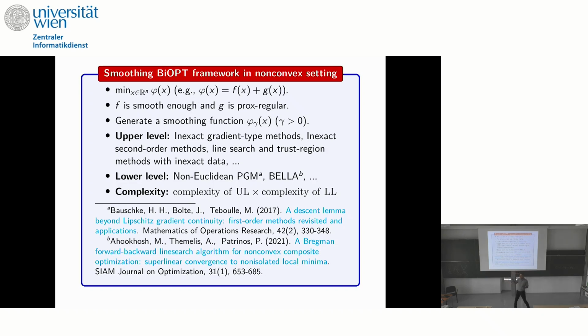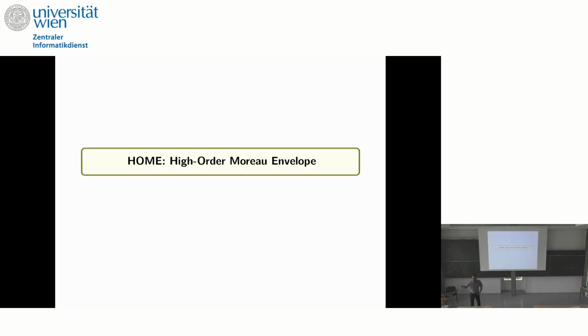Any of them I can consider here, but the information I want to use is high order. If I want to deal with high order, then I need to consider high-order regularization. Therefore, I need to consider a Moreau envelope or a forward-backward envelope with high-order regularization. So this is where the main idea comes from.